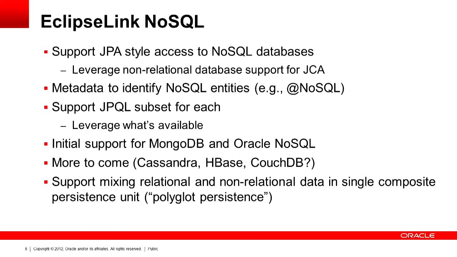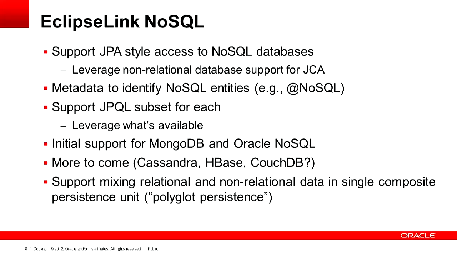So if a particular data source supports querying, support it, right? If it doesn't support it, you can't support queries. Sorry, you're basically stuck with basic CRUD functionality, and so on and so forth, right? But that's the basic philosophy of EclipseLink NoSQL.